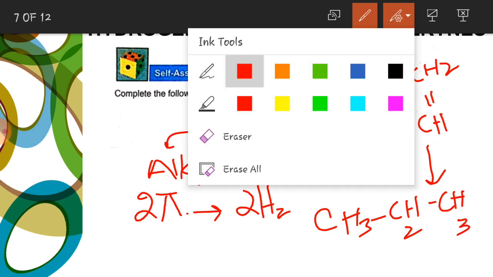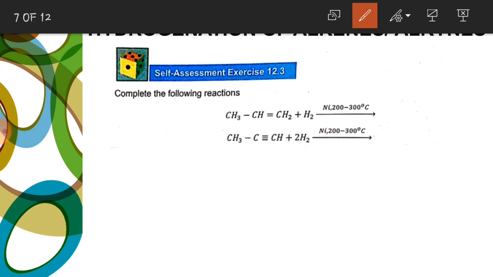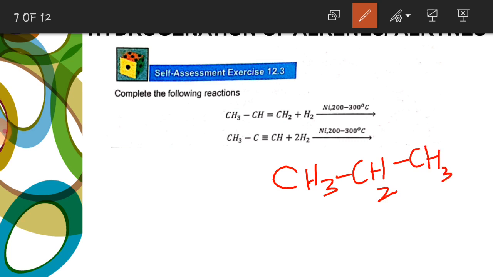However, if you want to write the end product of this reaction, then you will directly write it like this, CH3. Since two hydrogen atoms are being added to each of these two carbon atoms, this C will be converted into CH2 and CH will be converted into CH3.